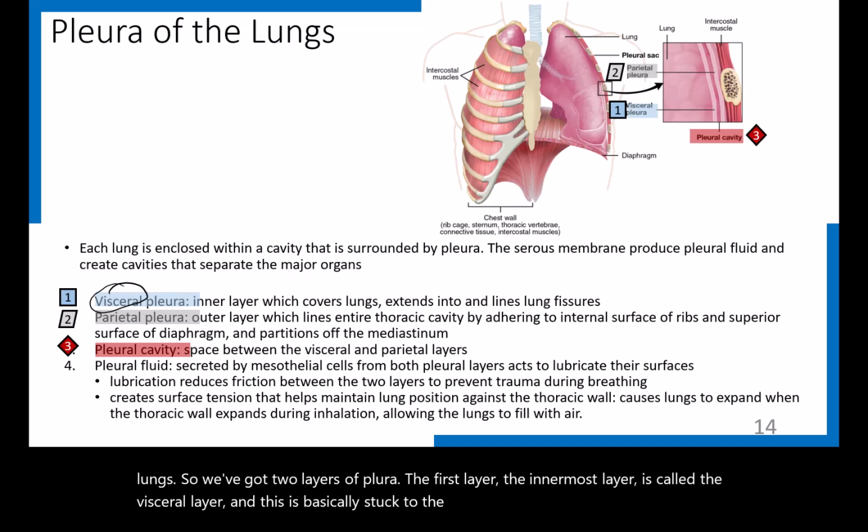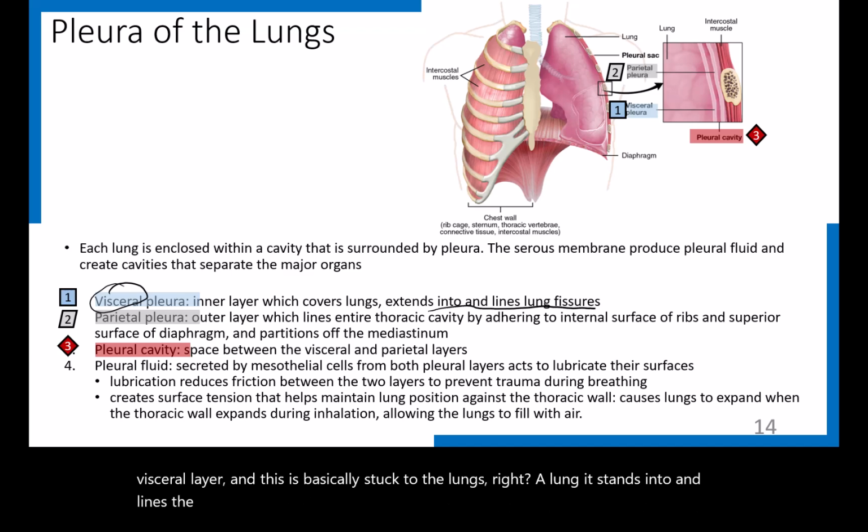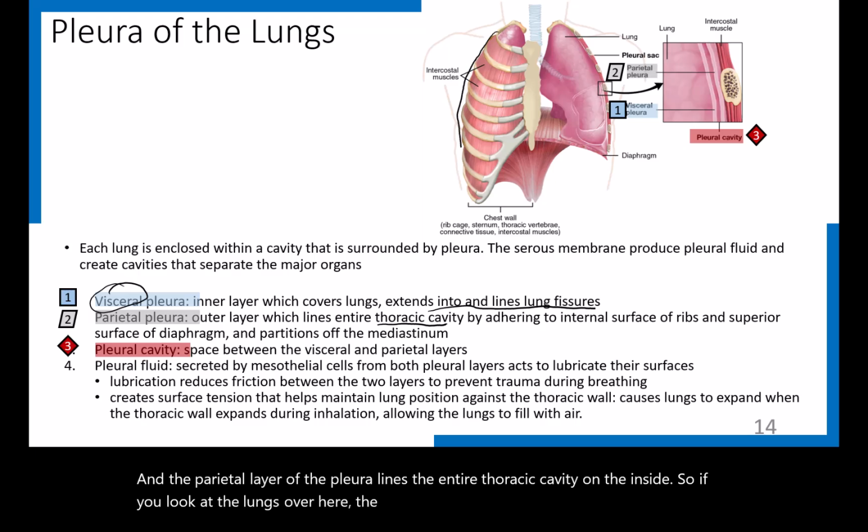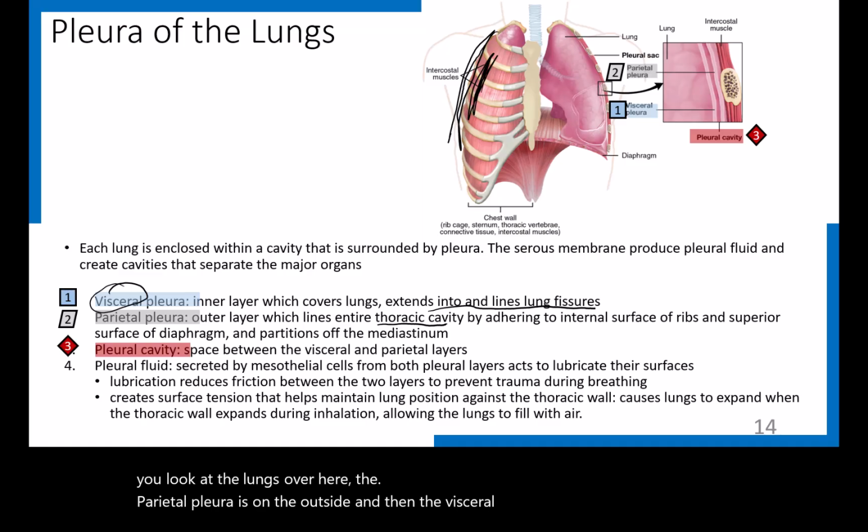It extends into and lines the lung fissures. And then the outer layer is called the parietal layer, and the parietal layer of the pleura lines the entire thoracic cavity on the inside. So if you look at the lungs over here, the parietal pleura is on the outside, and then the visceral pleura is stuck onto the lungs.